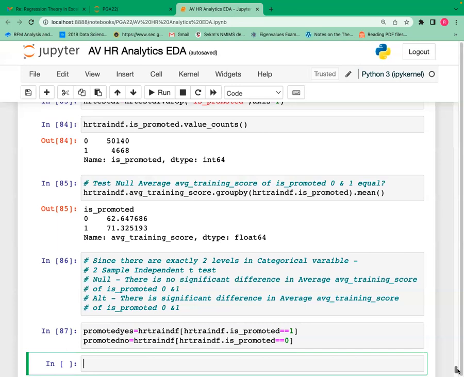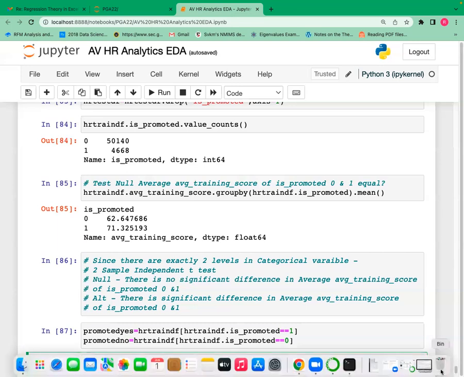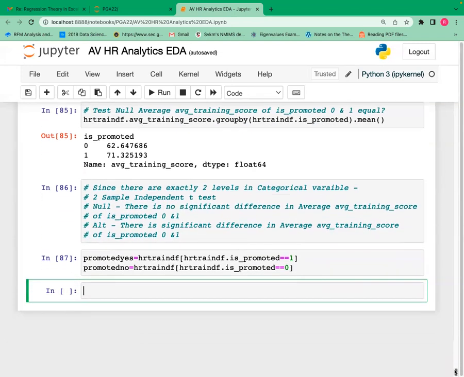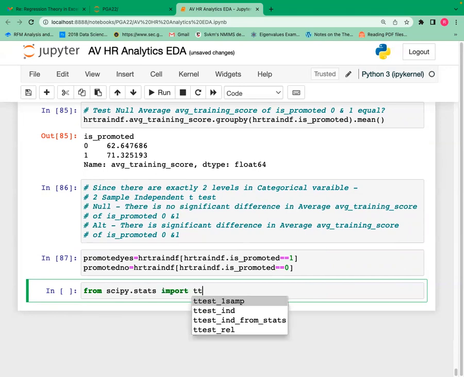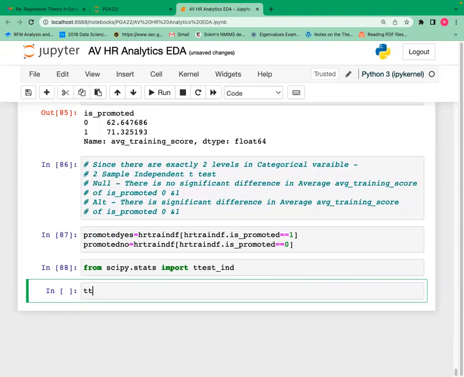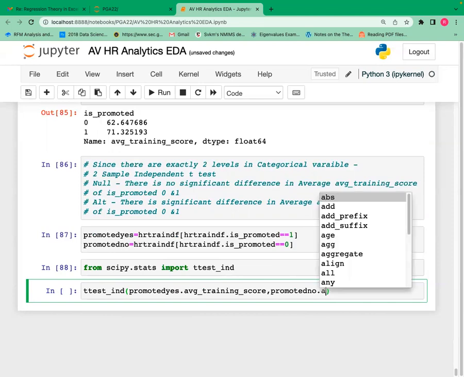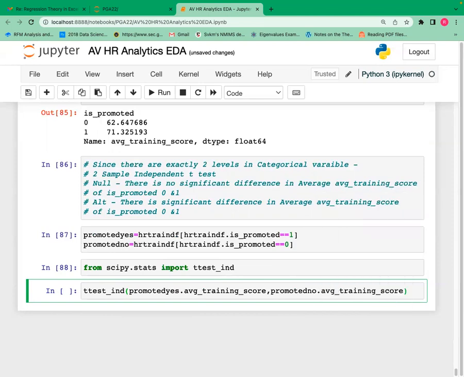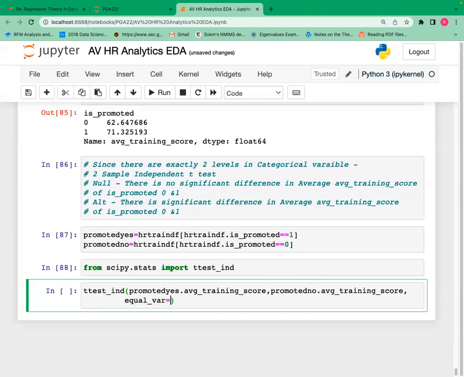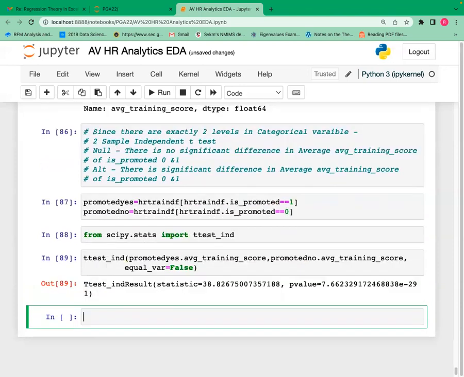Now we will conduct the test after importing the function. The function is from scipy.stats import ttest_ind. ttest_ind(promoted_yes.average_training_score, promoted_no.average_training_score, equal_var=False).